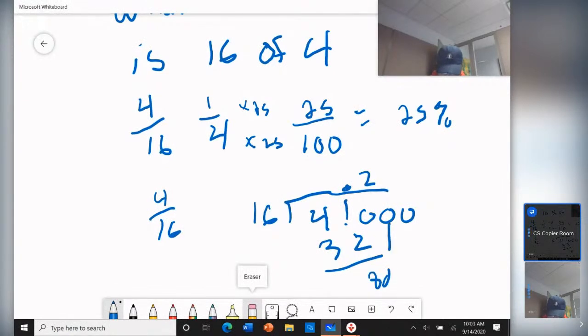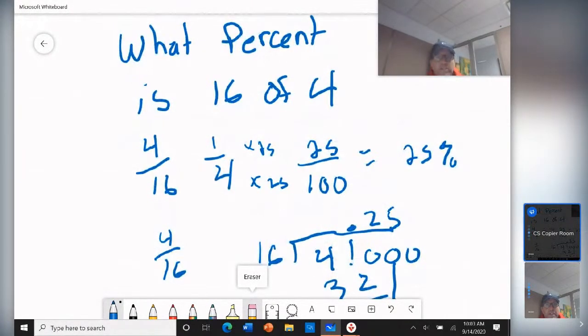Bring the 0 down. So it's 25%. Okay. So there's, like I said, 2 ways to do it. Either way, we got 25%. And so, what percent is 16 of 4? It's 25%.